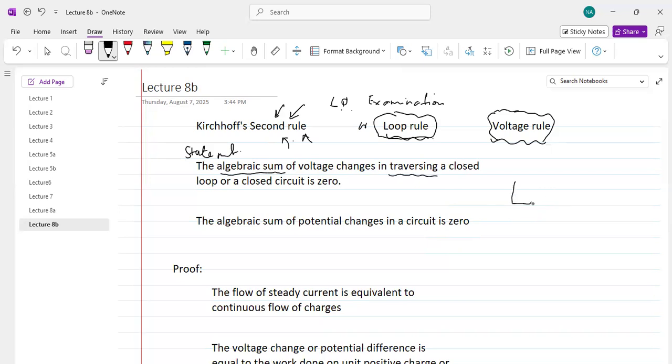for example, if we consider a loop like this.